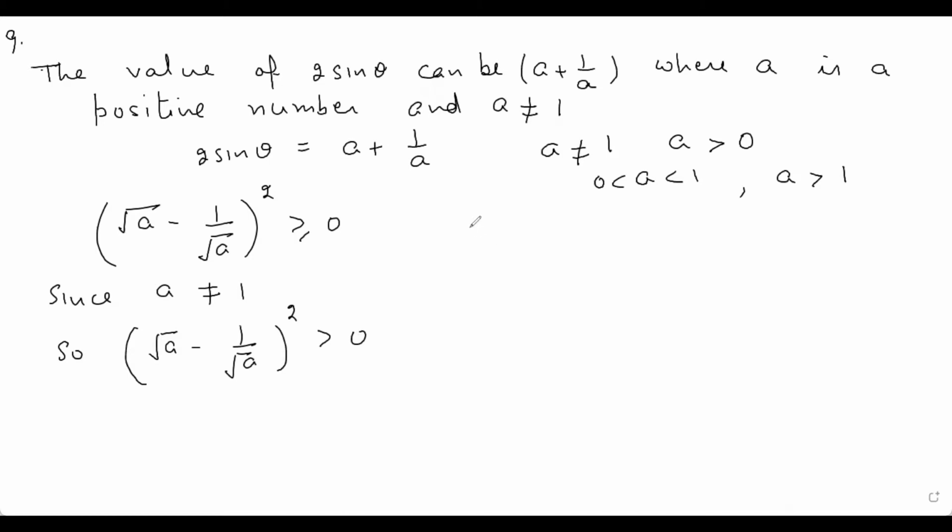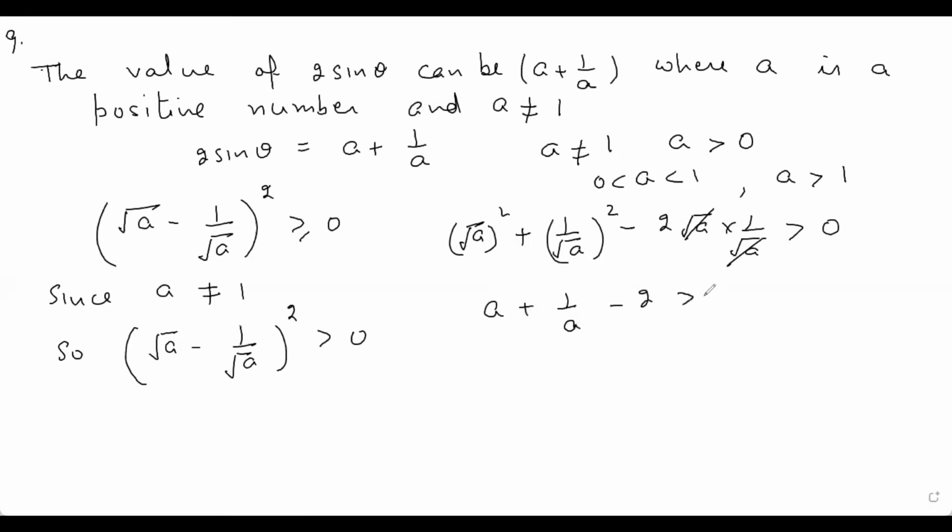Now here root a whole square plus 1 by root a whole square minus 2 times root a into 1 by root a is greater than 0. This and this is cancelled. Now we have a plus 1 by a minus 2 greater than 0.